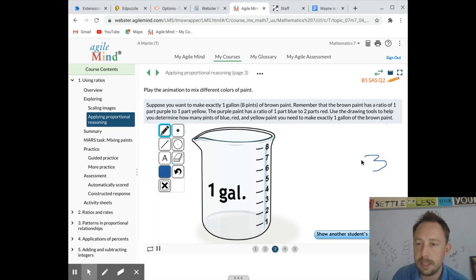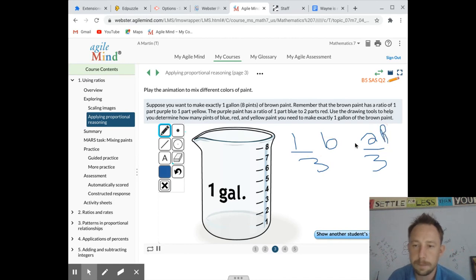So that means that we have 2/3 of red, and we have 1/3 of blue. There we go. All right. So with that being said, we're going to make 8 pints of brown paint.